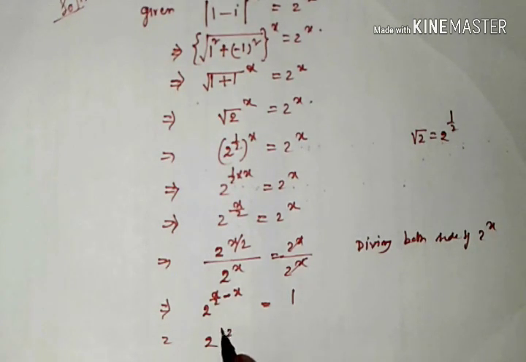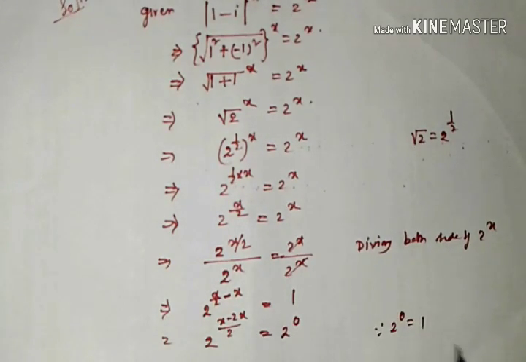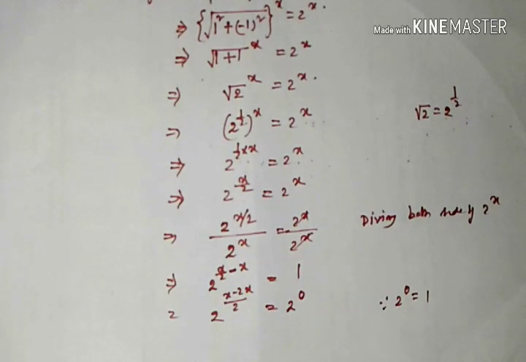If we take LCM, that is x minus 2x over 2, which is 2 to the power minus x by 2. We can write 1 as 2 to the power 0, because something to the power 0 is equal to 1.